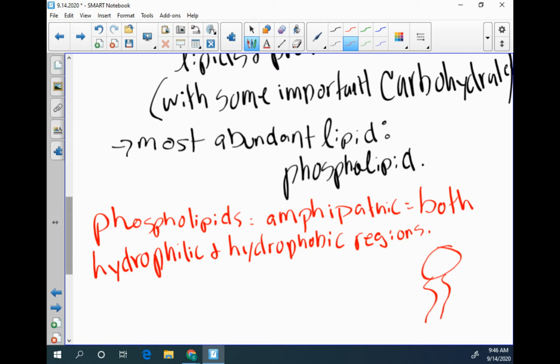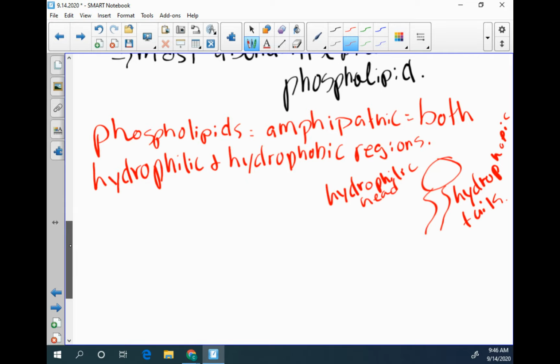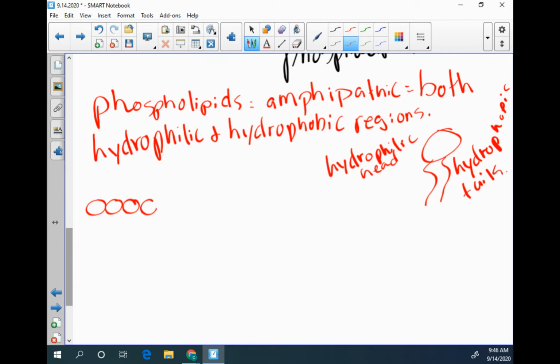The head is hydrophilic, which is water loving. Hydrophilic head, hydrophobic tail. So when they're arranged in a sheet, you've got all of the heads lined up and all of the tails on the inside.